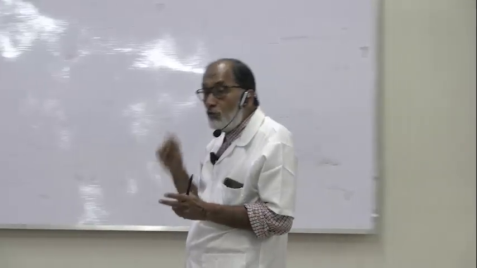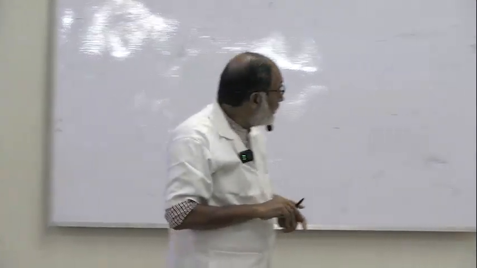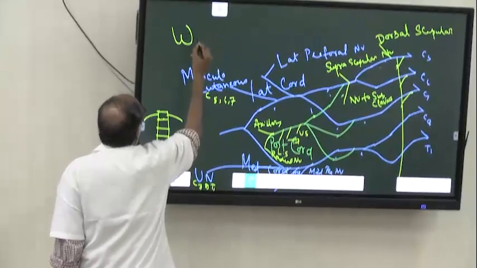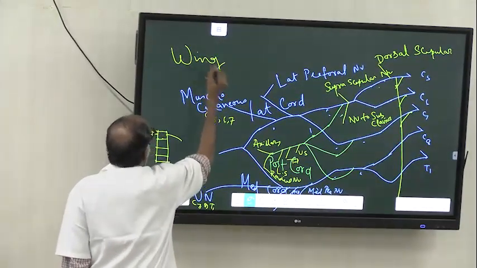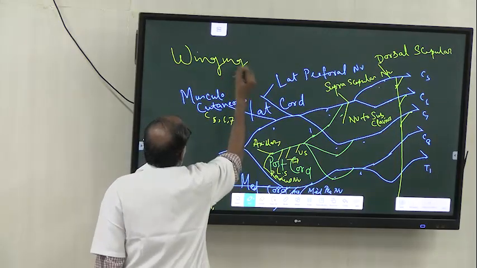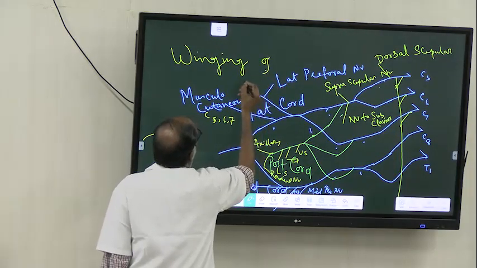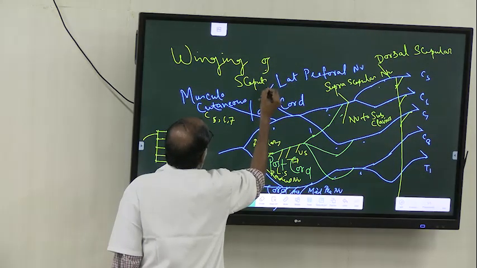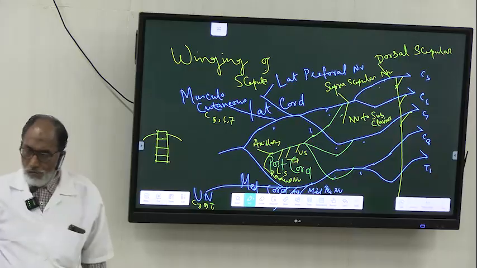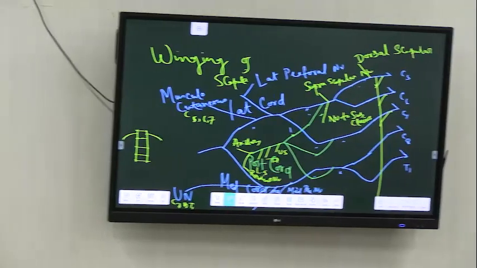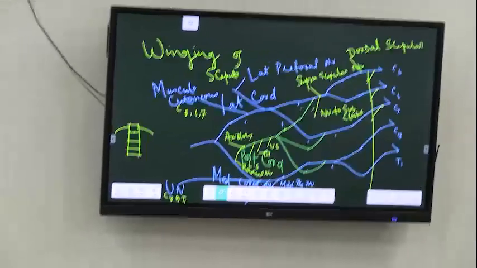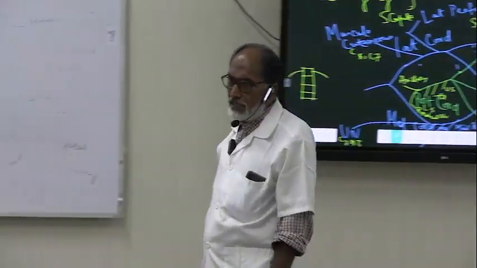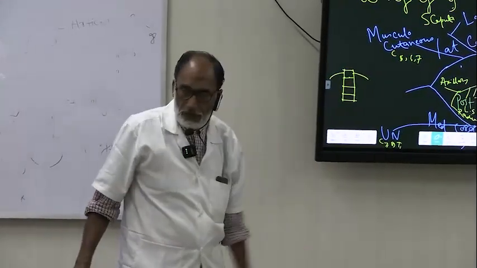This condition is called winging of scapula. Will you remember? So winging of scapula is a condition where there will be a lesion of the long thoracic nerve of Bell.